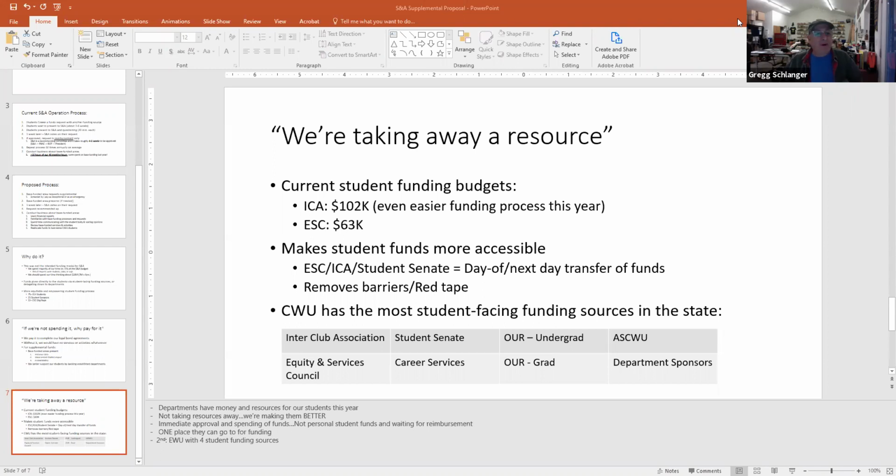I guess they've always been able to ask for supplemental funding, but if we're trying to get the money to the students, we're going to be giving it to more specialized groups that already have it, and we're still excluding all of those students that don't really even know about it, that are paying in. I'm trying to grasp this. And is this just this year, or is this going to be every year going forward?